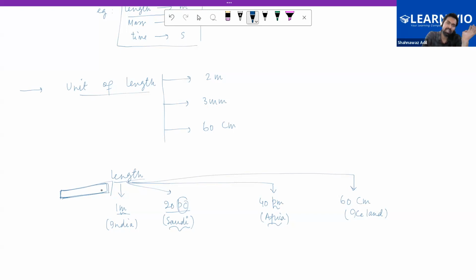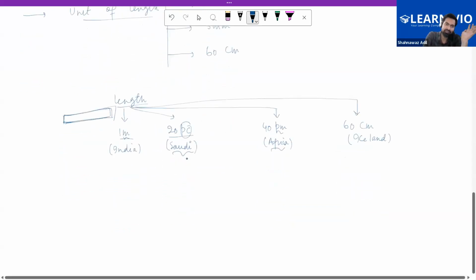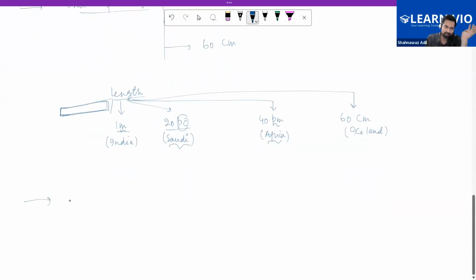So that is why we need a particular system of units which is widely accepted.